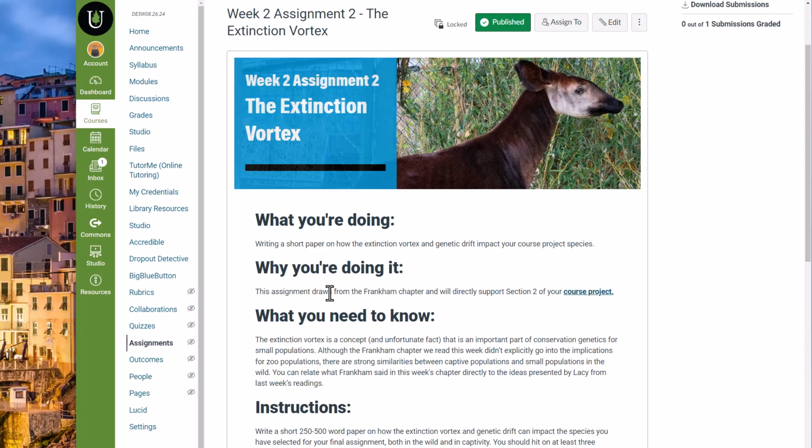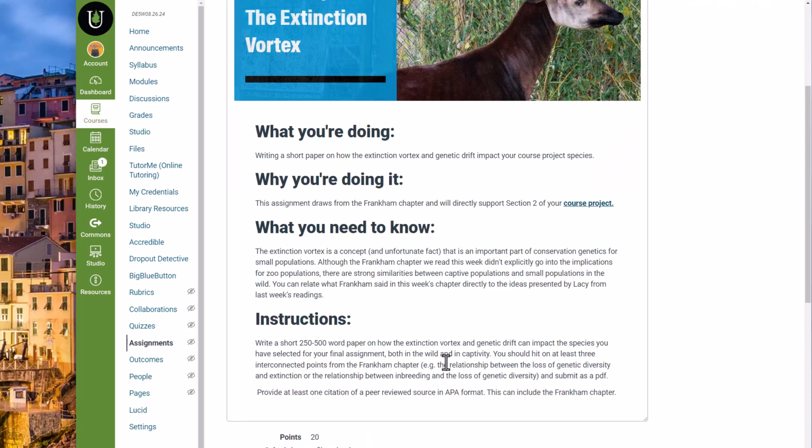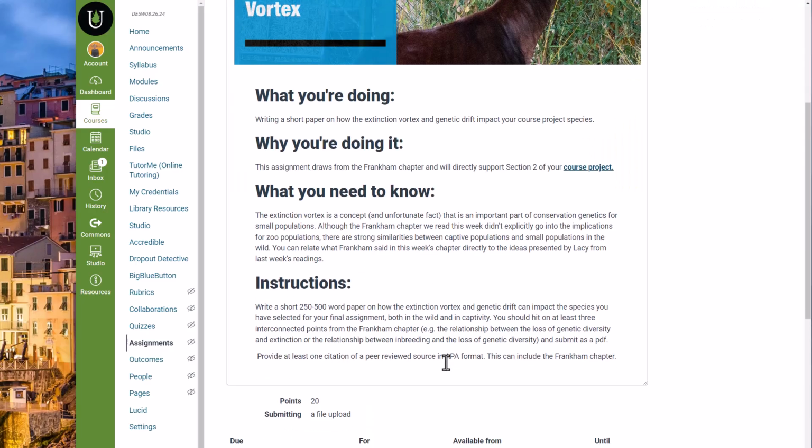This chapter talks about these 3 different things that sort of intermingle to create that extinction vortex. Think about how that's going to impact your species for your course project. Make sure that you hit on at least 3 of the interconnected points that the Frankum chapter makes. So what is the relationship between these 3 interacting factors in putting populations at risk of extinction?